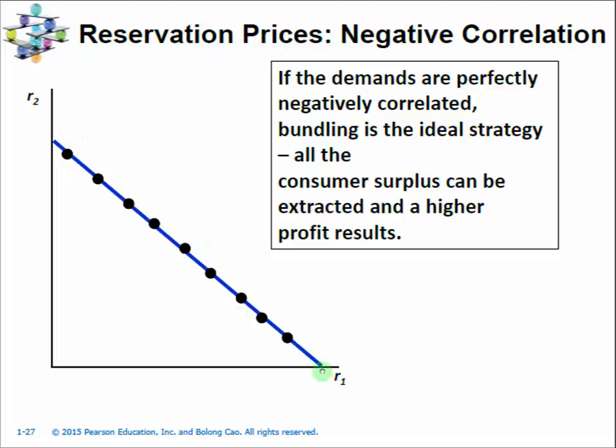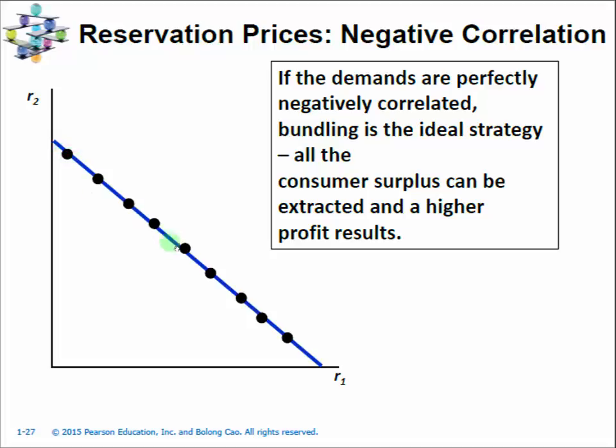So when we have consumers who have negatively correlated reservation prices, pure bundling increases the producer surplus, or helps the firm with market power extract more consumer surplus.